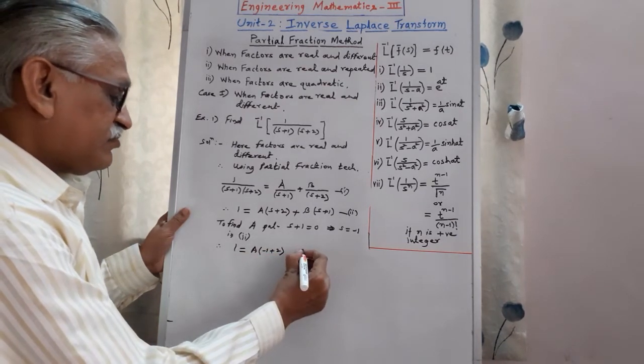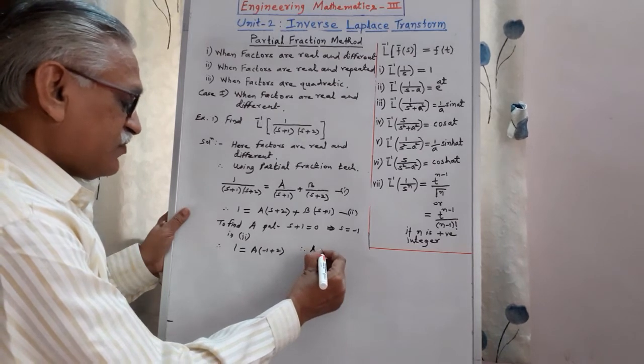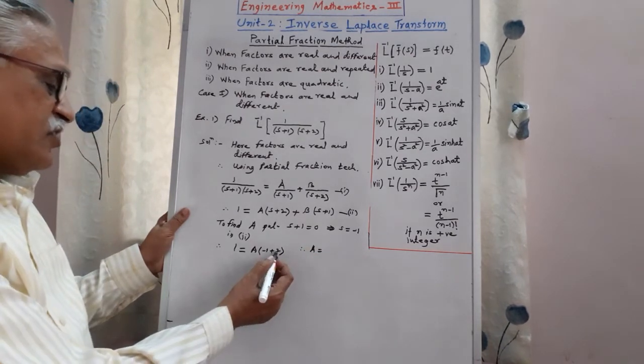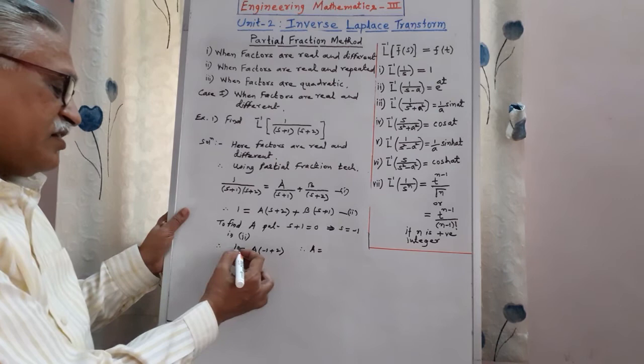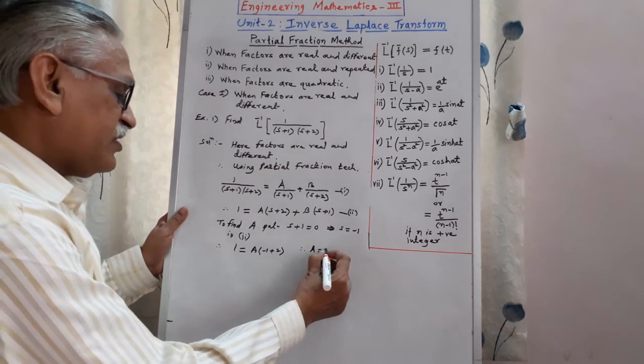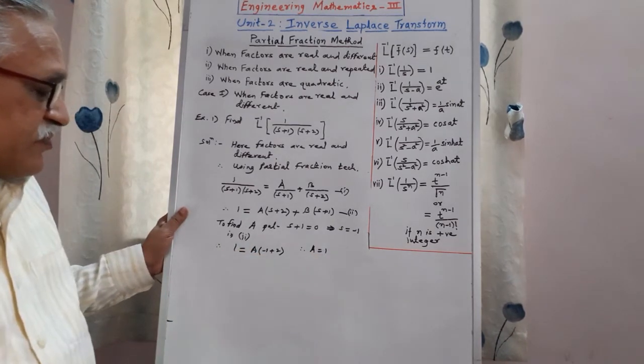We get A is equals to, therefore this one is 1, into A is equals to 1, therefore we get A is equals to 1.